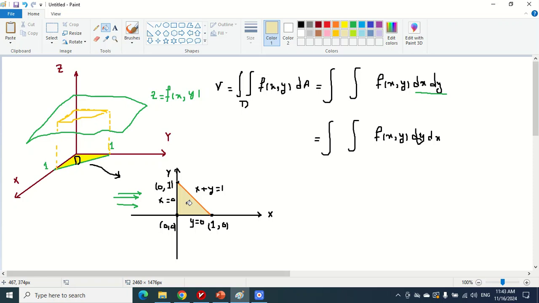Now you can see this is the domain. Just consider that domain as a farmland or some region that you look at from the top, like looking at that region by a drone or an airplane.